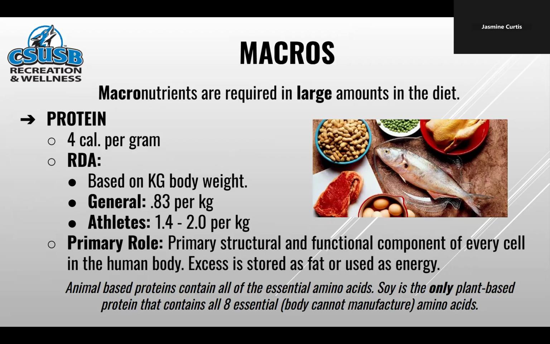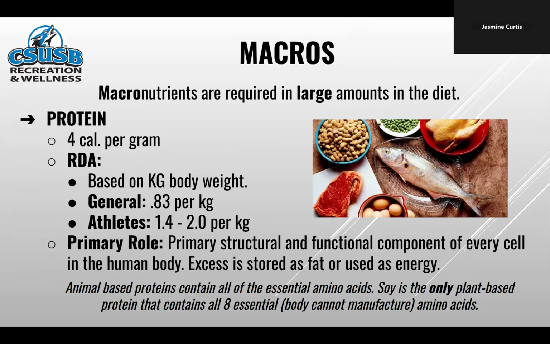And then for someone who's a little more active, it's 1.4 grams to 2 grams of protein per kilogram body weight. So protein is very essential. It's the primary structural and functional component of every cell in the human body. Amino acids build up, and we need to make sure that we're getting a good amount and not too much excess.